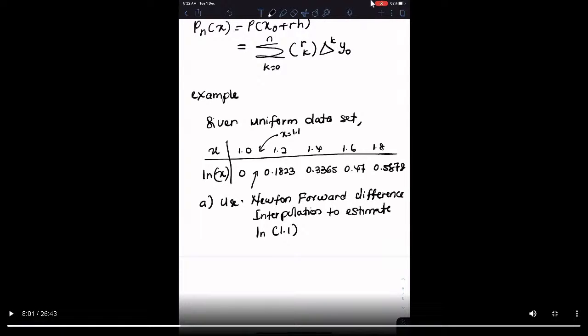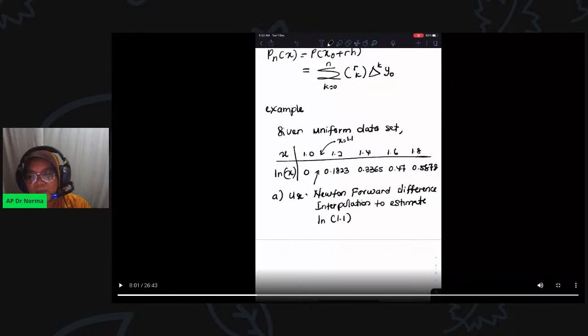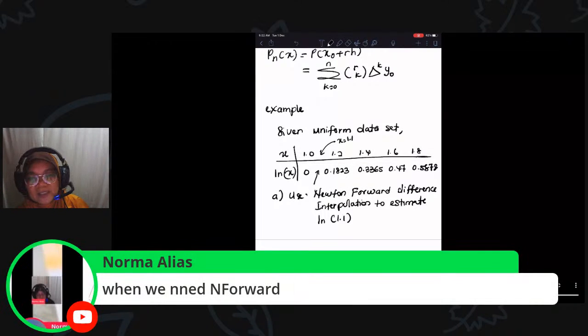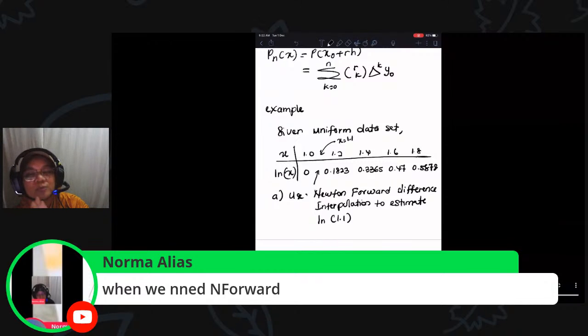This is my question: when do we need Newton forward? The answer is we need Newton forward when the missing data is near to x0. If it is near to xn, for example near to x equal to 1.8, we use backward.